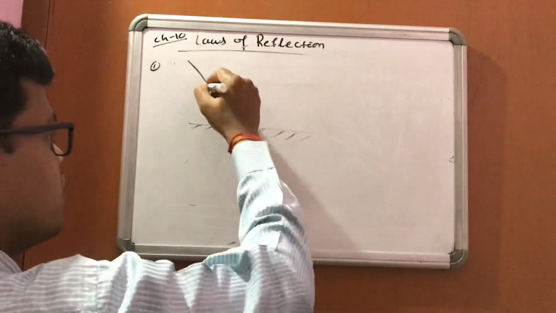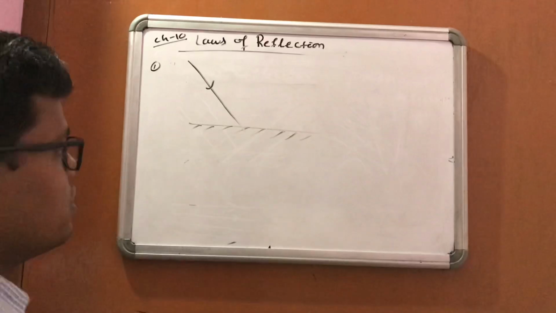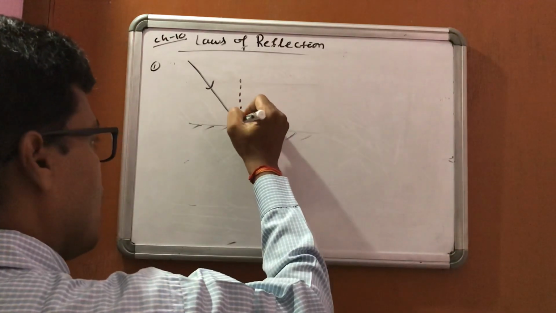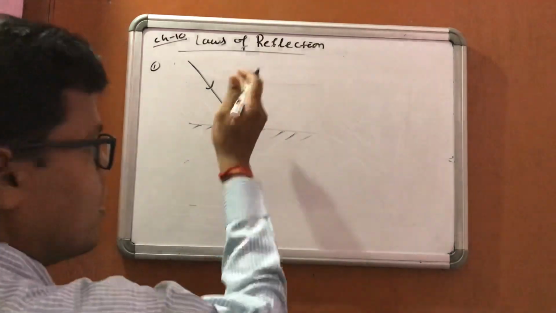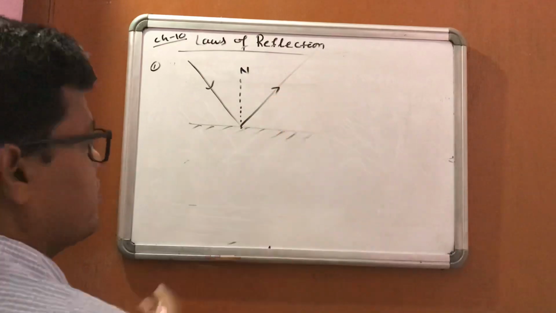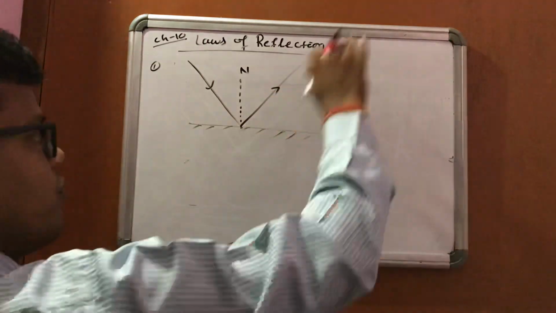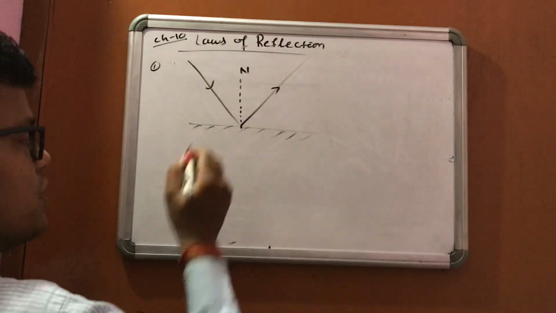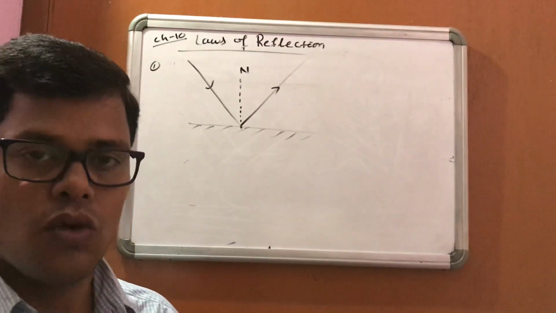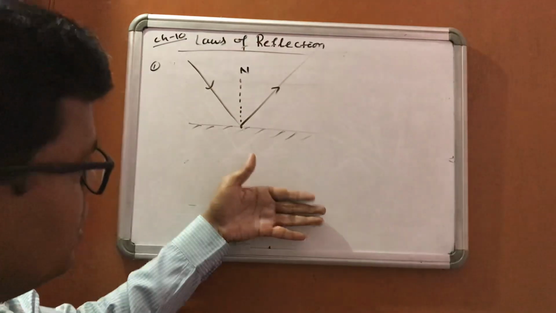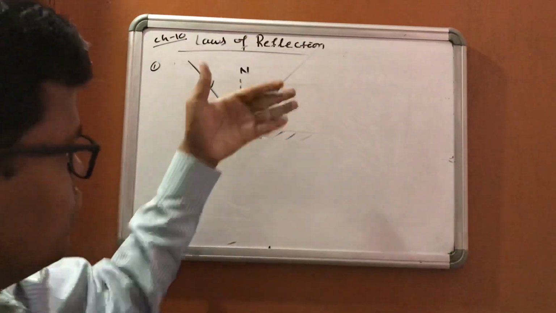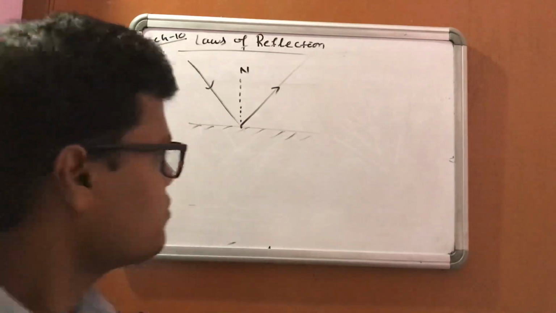This is the incident ray, the incoming light ray. This is the normal at the point of incidence. Normal means perpendicular. Then this is the reflected ray. The incident ray, reflected ray and the normal at the point of incidence all lie in the same plane, in this case the plane of this board. So this is the first law.